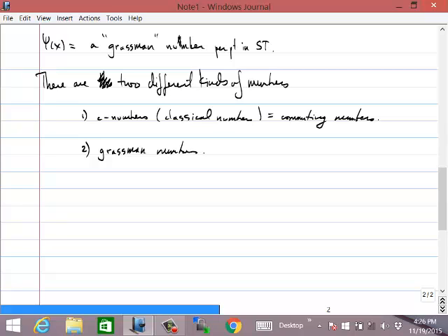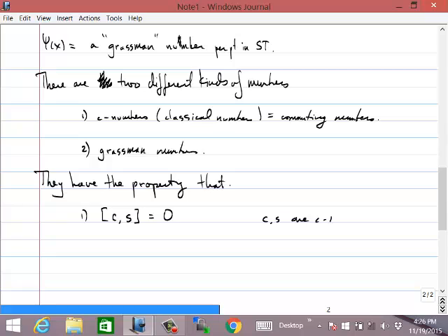Which are anti-commuting. And in particular, they have the property that, first of all, if you have two normal classical numbers, C and S, they will commute with one another. So here C and S are C numbers.